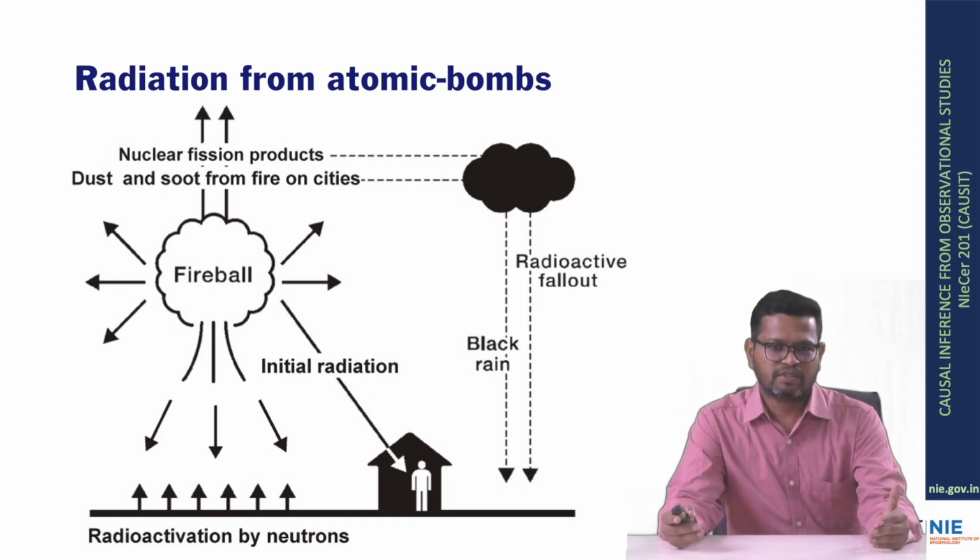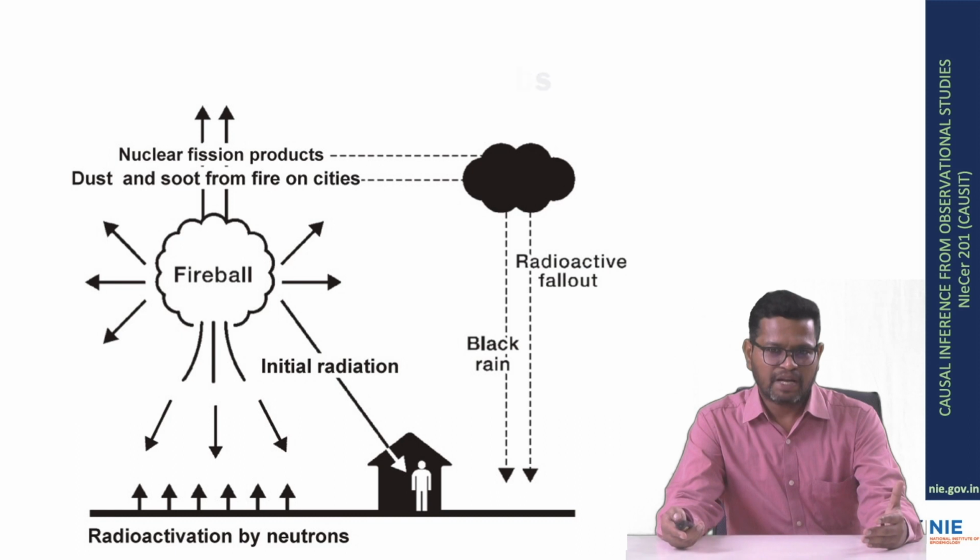These fission products went up to high atmospheric layers with the rising air from the fireball, then cooled and condensed, and some fallout fell down with the rain just after the bombings. The rain often contained dust and soot from the fires in the cities, so it was called black rain.